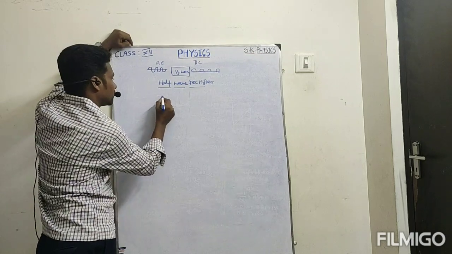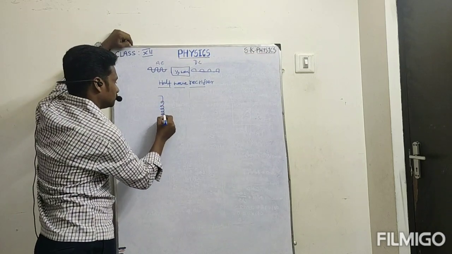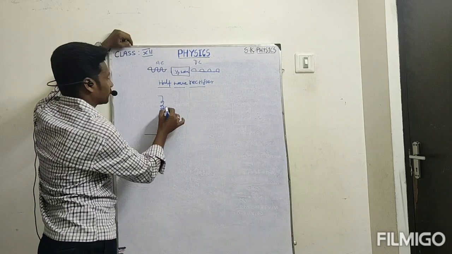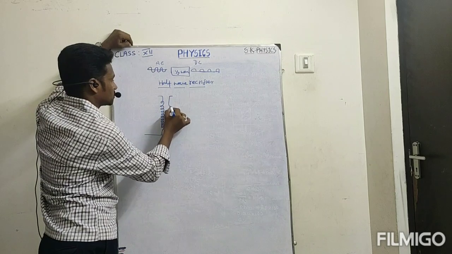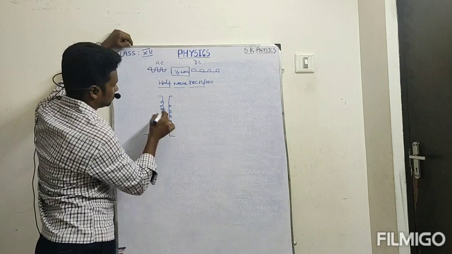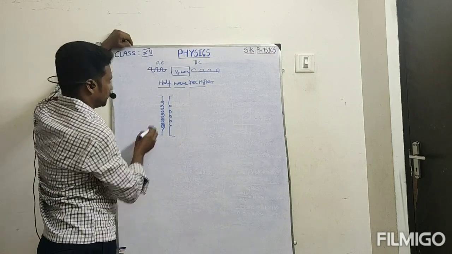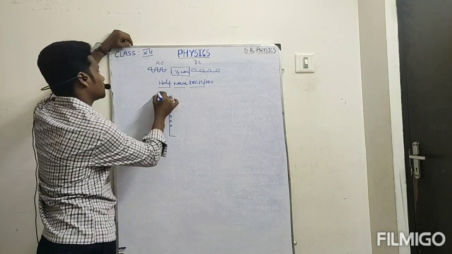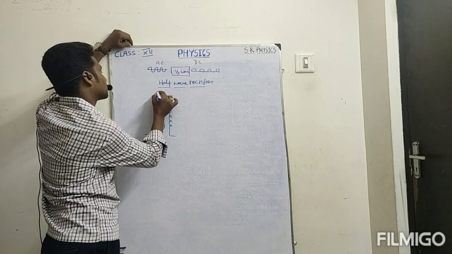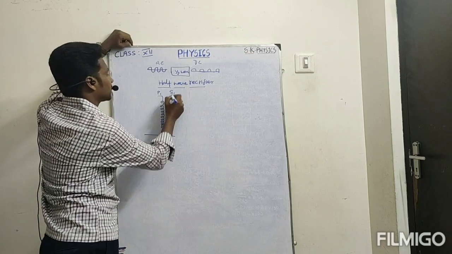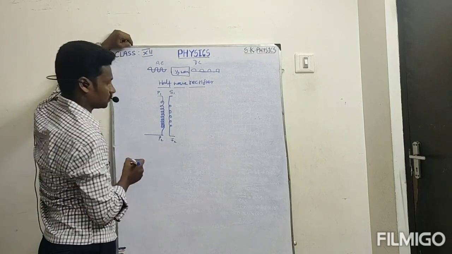So first the primary coil, then the secondary coil. If you observe, comparing the primary with the secondary, this is the primary, so I can write P1, this end is P2, secondary S1, this end is S2.